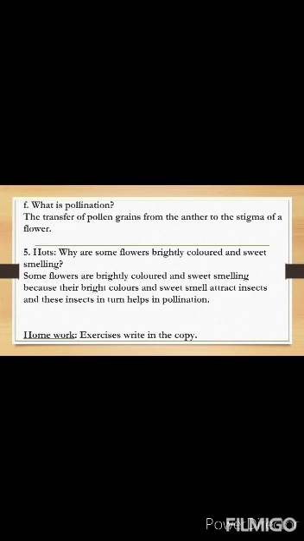Next one. Why are some flowers brightly colored and sweet smelling? Some flowers are brightly colored and sweet smelling because their bright colors and sweet smell attract insects, and these insects in turn help in pollination.